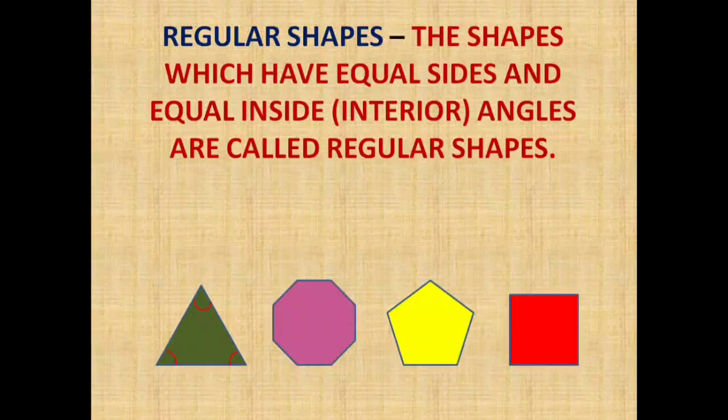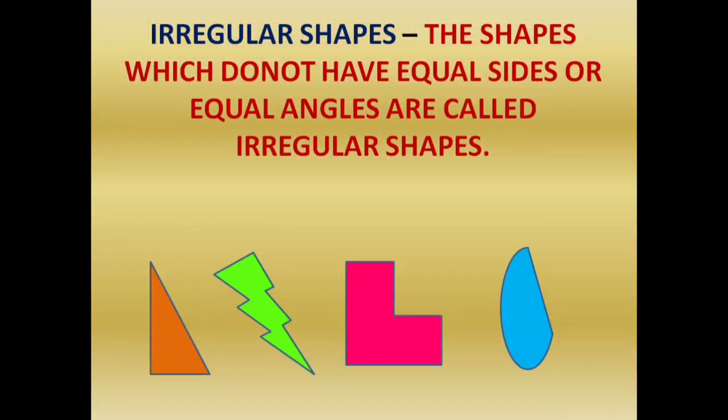Let's learn the meaning of irregular shapes now. Irregular shapes are simply the opposite of regular shapes. The shapes which do not have equal sides or equal angles are called irregular shapes.